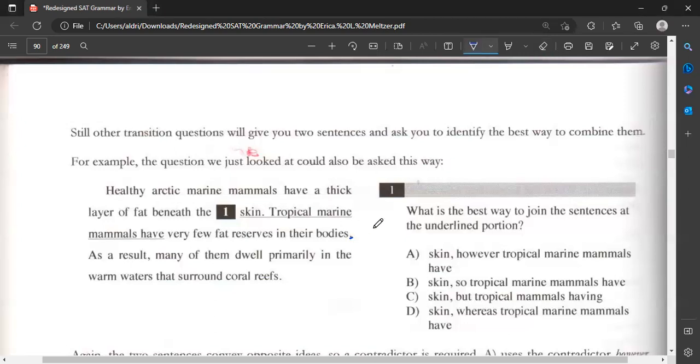Yes, I agree. So if we say, but tropical mammals having very few fat reserves in their bodies, comma, are more likely to be in warmer places, full stop, then that makes sense. Are you with me? Yes, I am. All right. So exactly.